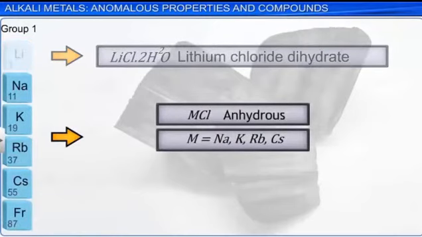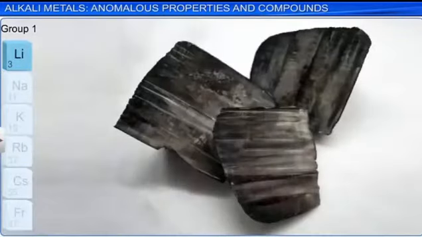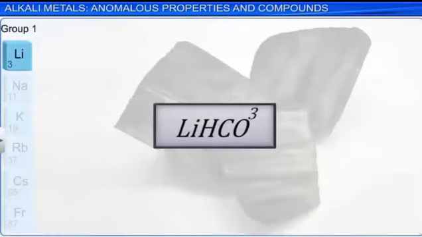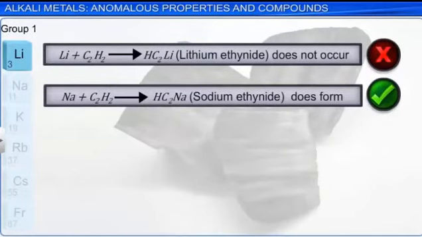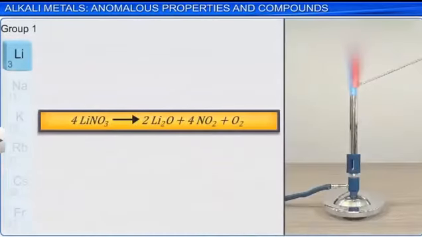In many ways, lithium is an exceptional alkali metal. Its compound with the hydrogen carbonate ion is not isolated in the solid state. It does not form an ethanide compound when reacting with ethine. When lithium nitrate is heated, the decomposition reaction results in lithium oxide.